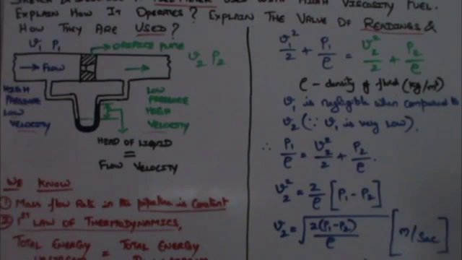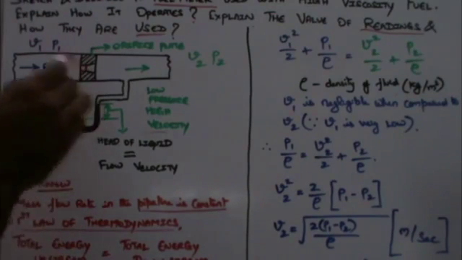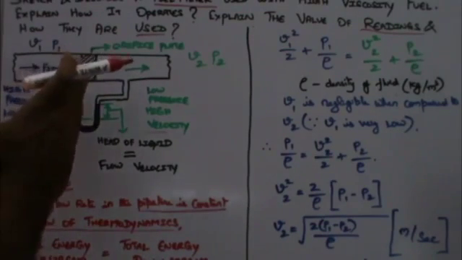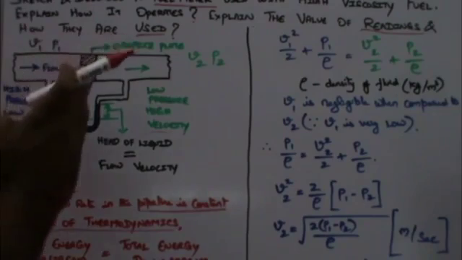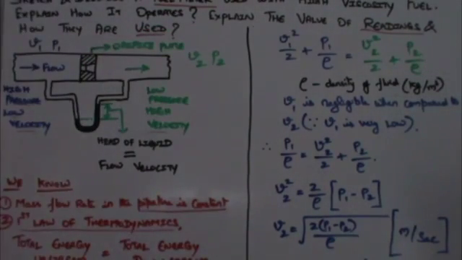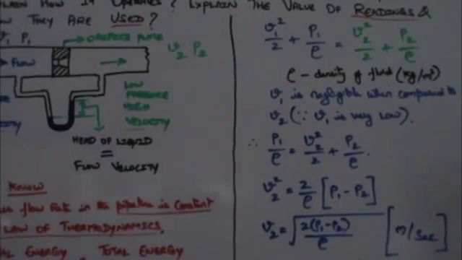With that in mind, the total energy upstream of the orifice is always equal to the total energy downstream of the orifice. That is, the kinetic energy plus potential energy upstream is equal to the kinetic energy plus potential energy downstream. Let's now see the calculation.